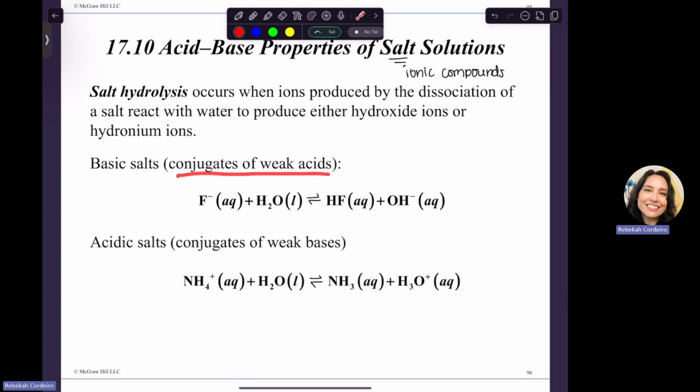Conjugates of weak acids are basic because what's the conjugate of a weak acid? It's a conjugate base. So for example, if we have HF plus water, do you see how F gets to go backwards? F gets to be a base. So if we let F minus, or fluoride, be a base, what does it make?